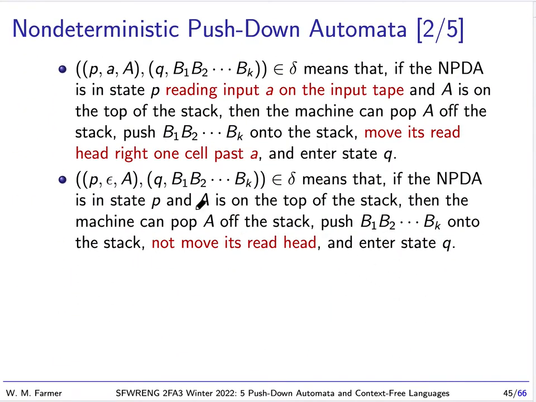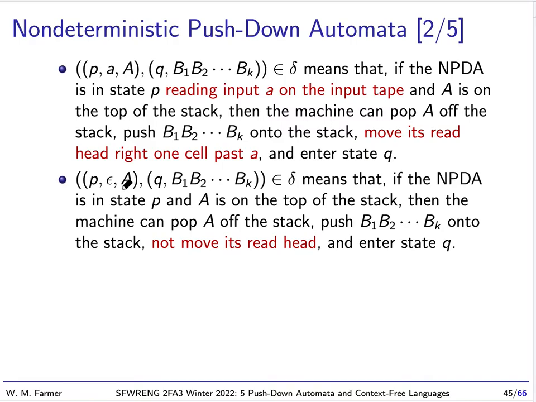But there's another option, is that instead of having an input symbol here, we have epsilon. We do basically the same thing. We're going to be in state P. We have epsilon here, and we're going to have a stack symbol here.